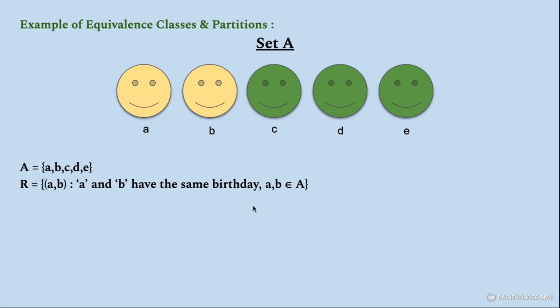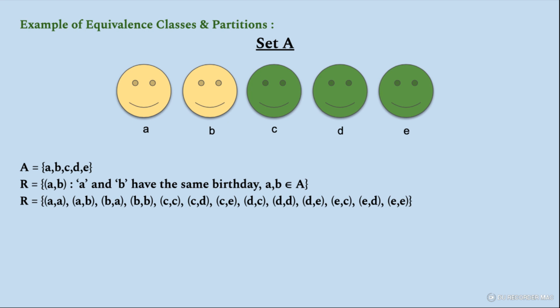Now, what are the possible pairs that can come inside the relation? So let's see. For A, we know that A and B have the same birthday. So (A, A) of course will form a pair and fall in the relation, right? Then (A, B), (B, A), (B, B). Now we can't say (A, C) because they have different birth dates, right? So you can't pair (A, C), (A, D), (A, E).